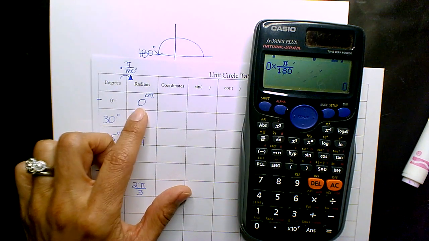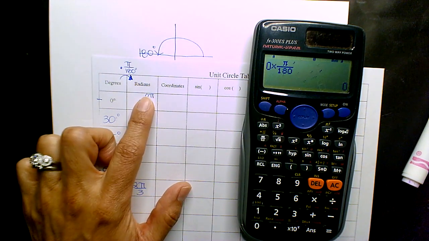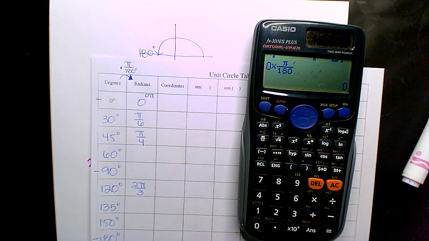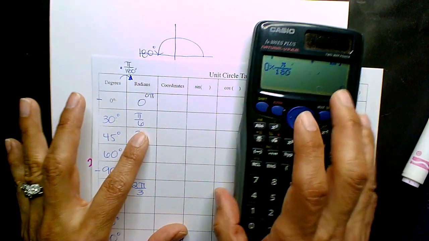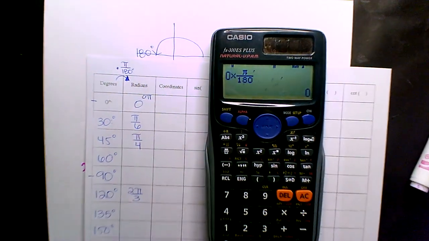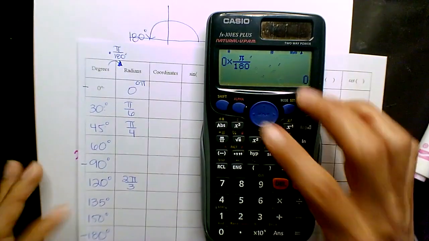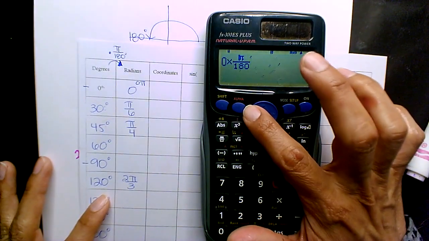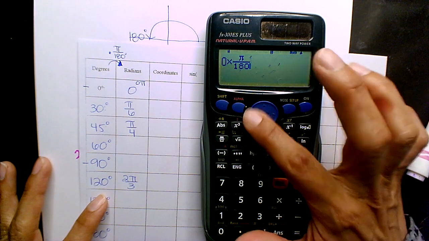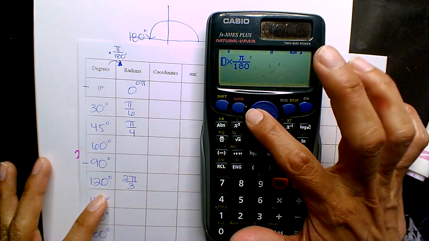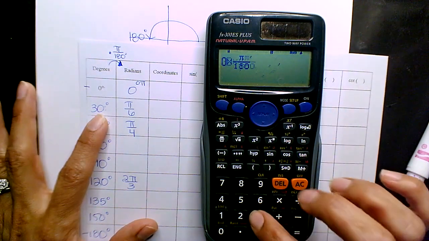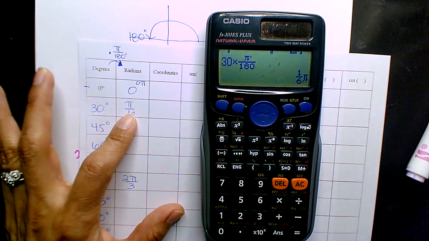So if you have 0, you're correct, and if you see 0 pi, you're correct. If you just keep your calculator there, don't clear the calculator, and then you could just hit the 30, and there's my pi over 6.